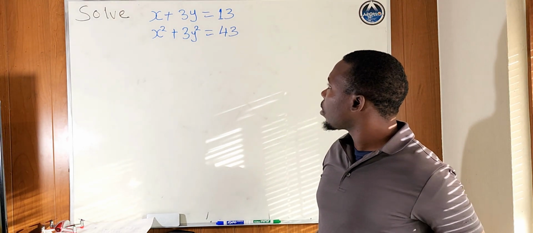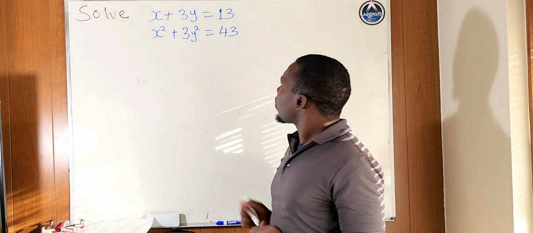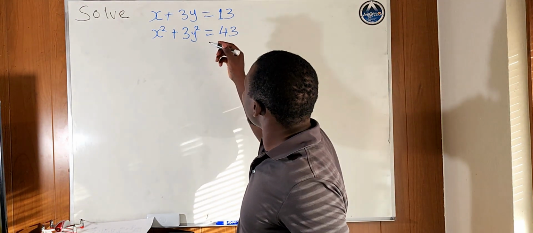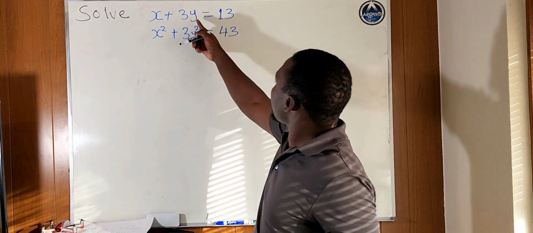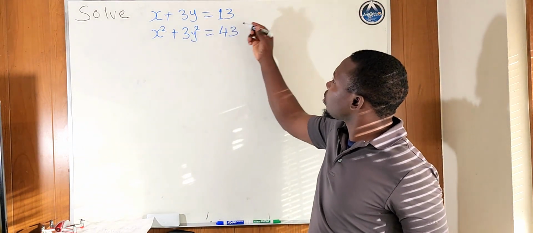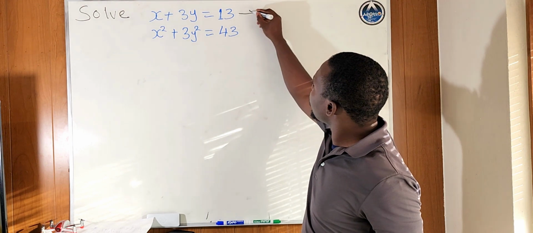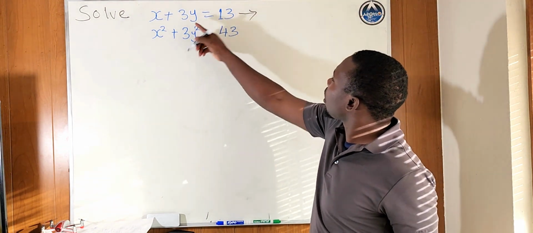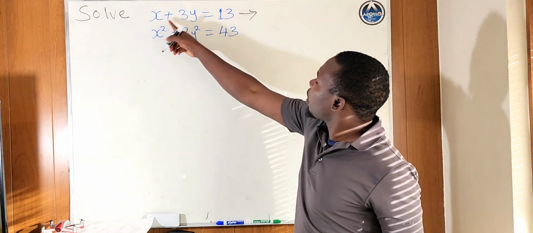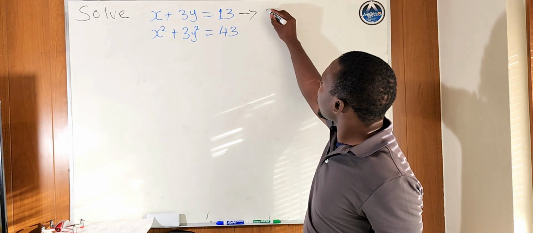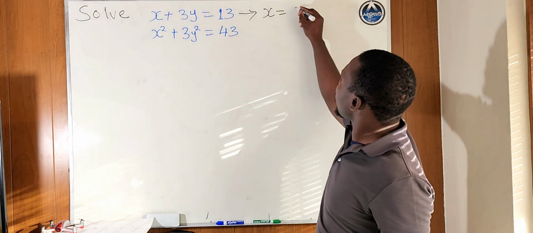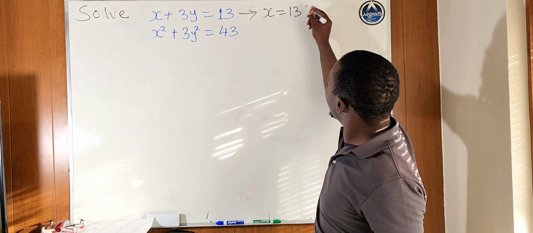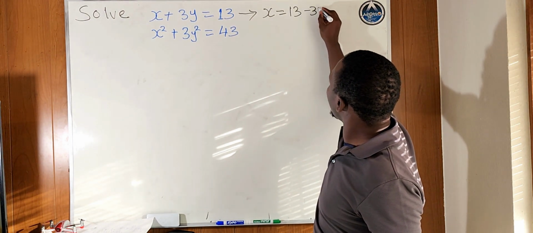First of all, from the first equation, I can make x the subject of the formula. I can say x equals 13 minus 3y.